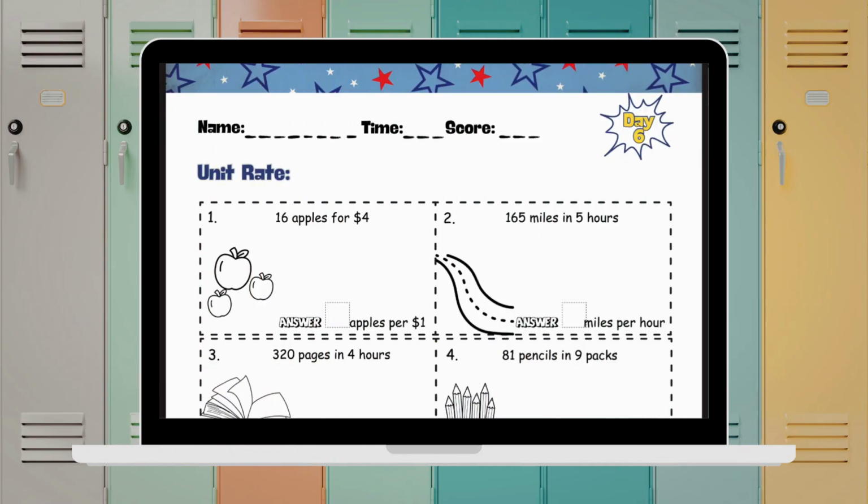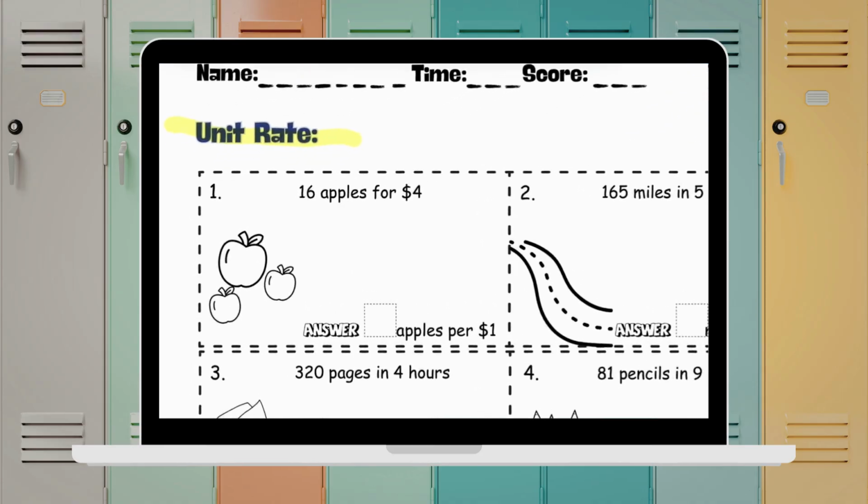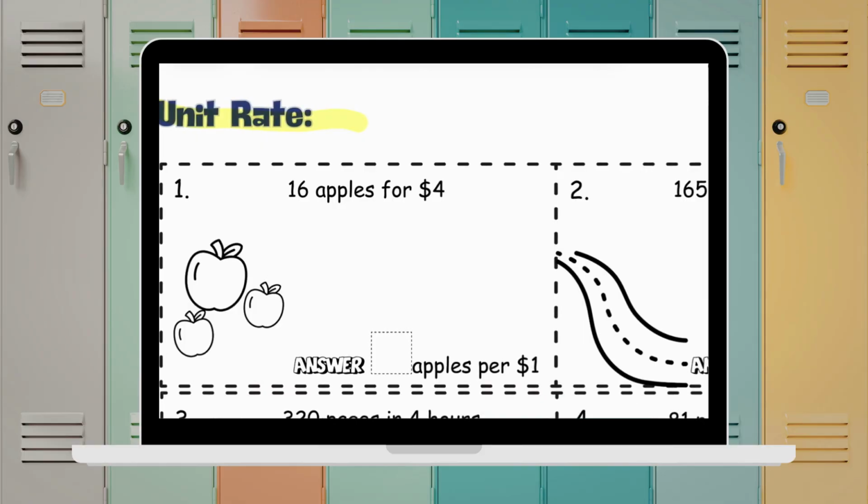Now we are solving for unit rate, and remember that unit rate means per one, and this worksheet here helps us because our answers are kind of labeled. We see that we're comparing 16 apples for $4, so I want to know how many apples I would get for just $1. There are several different ways you can set this up. With ratios, we've spent a lot of time building our ratios in tables, so I like to set it up that way.